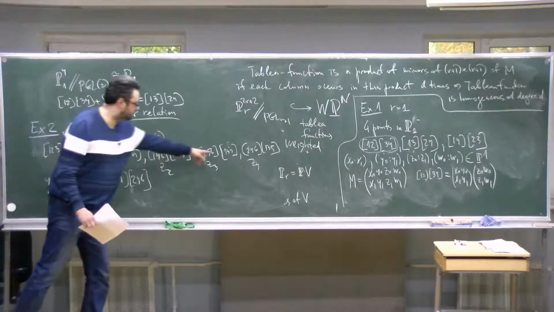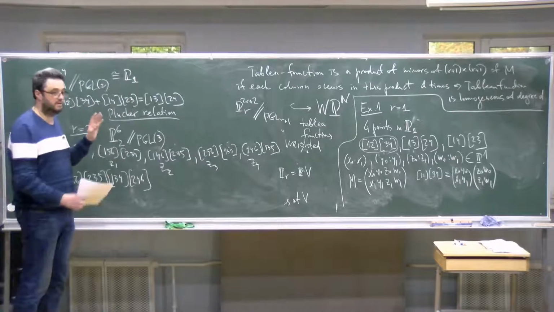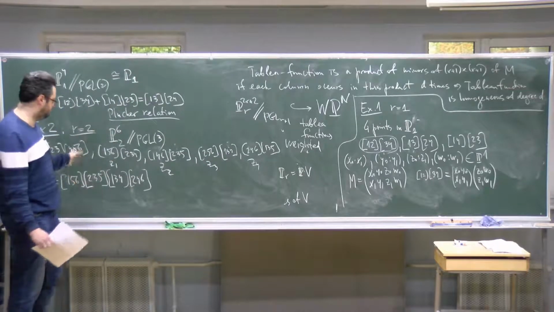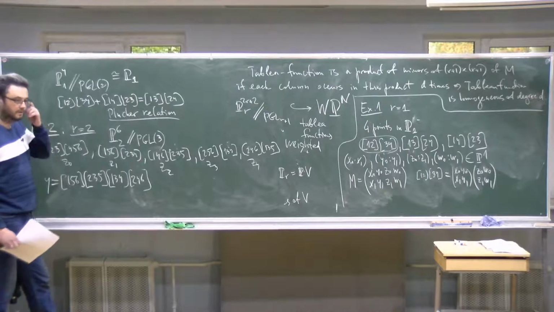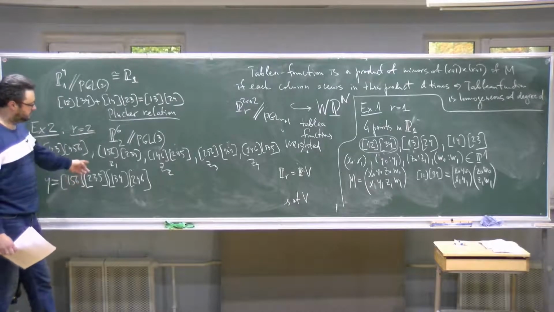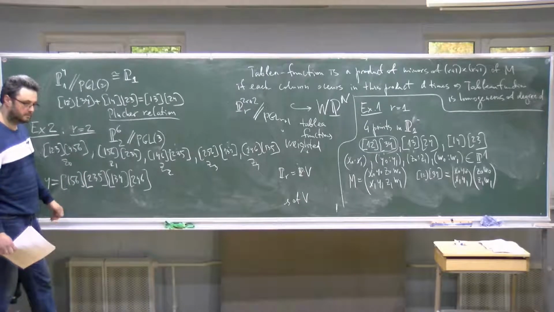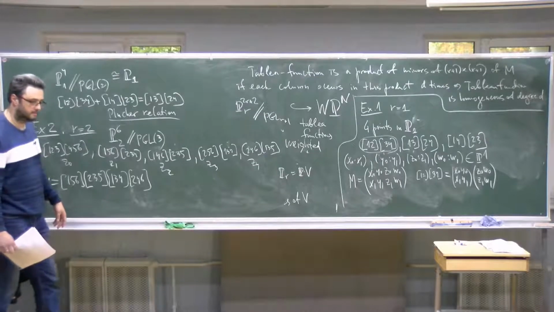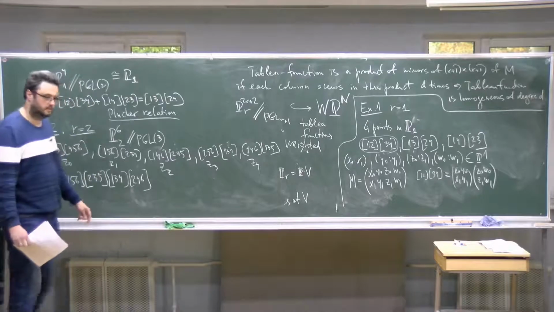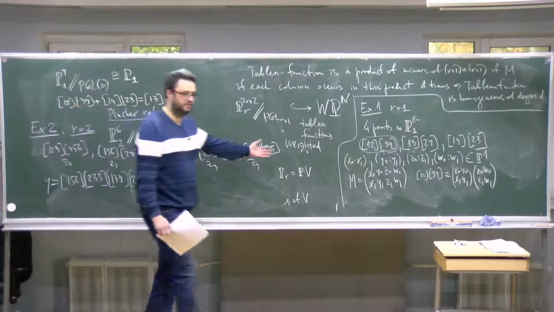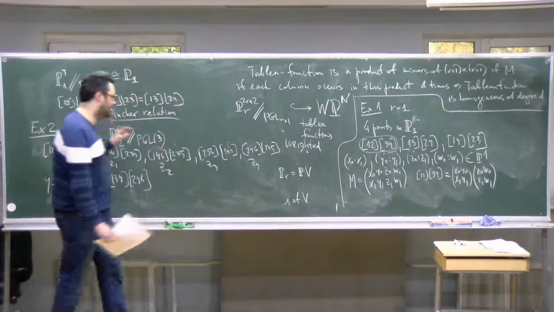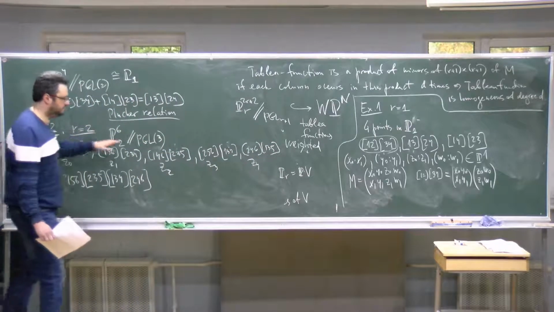There is some relation between this. I mean, the number of simple tableau functions should be equal to the number of ways you choose 3 elements out of 6, which is 20. But there are some linear relations between these tableau functions, so I write only the linearly independent ones.